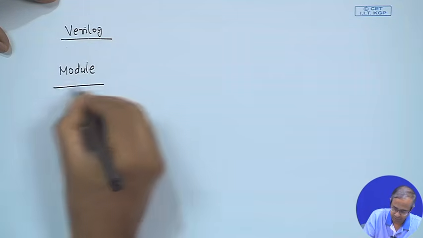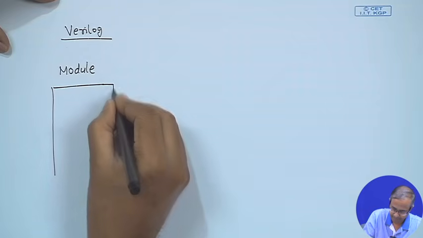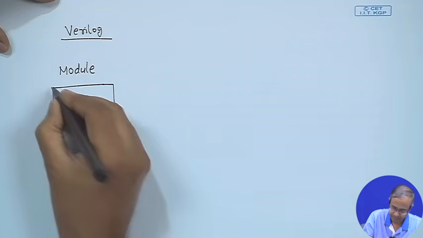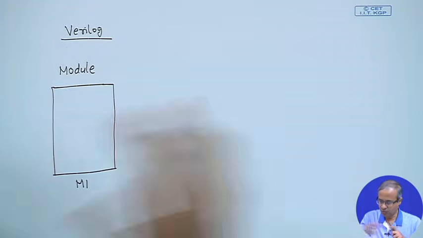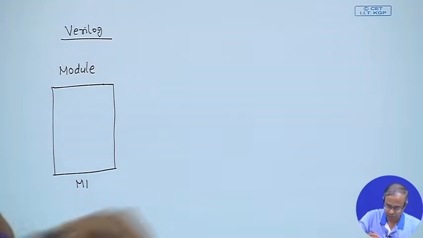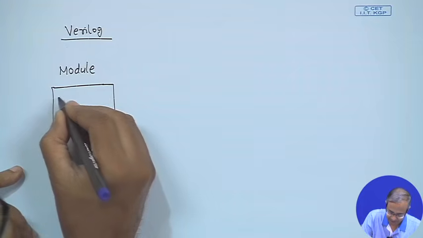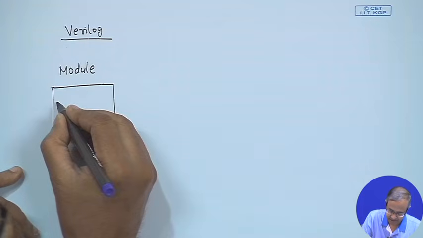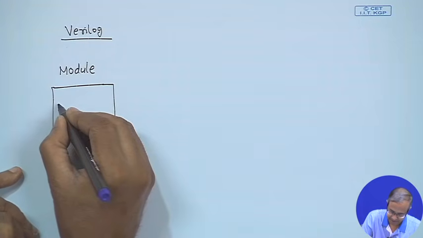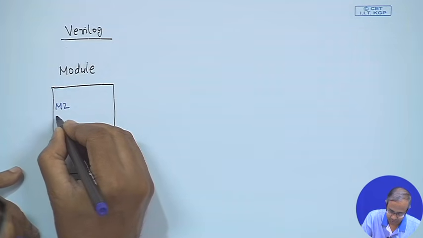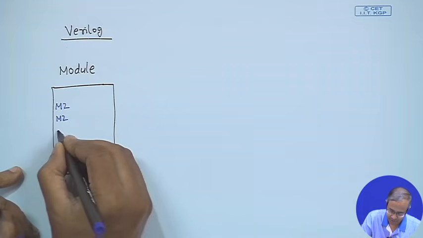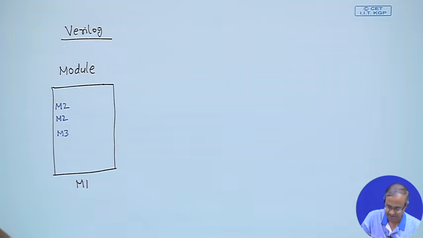Let us say I have a module here, let us call this module M1. From inside this module, following the terminology of C, I am calling a module M2, I am calling it 2 times, and I am calling another module M3.